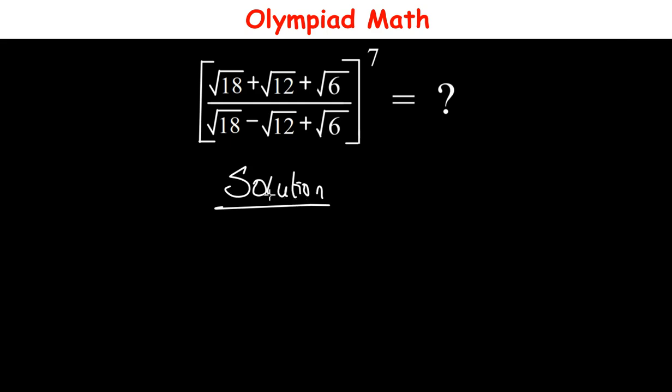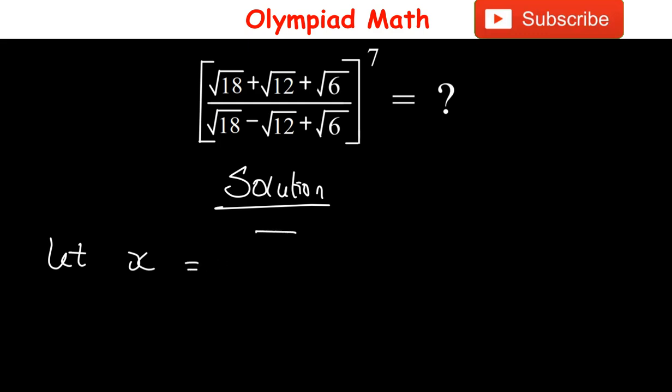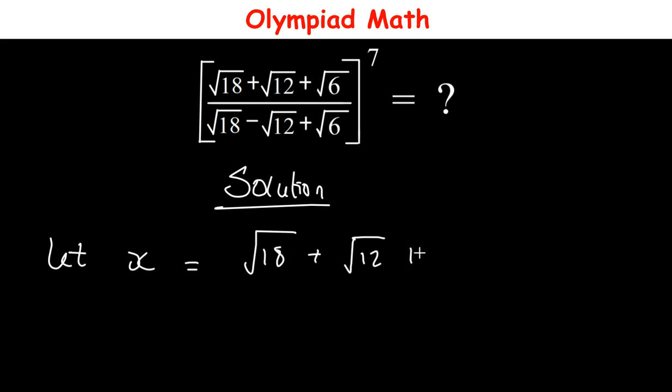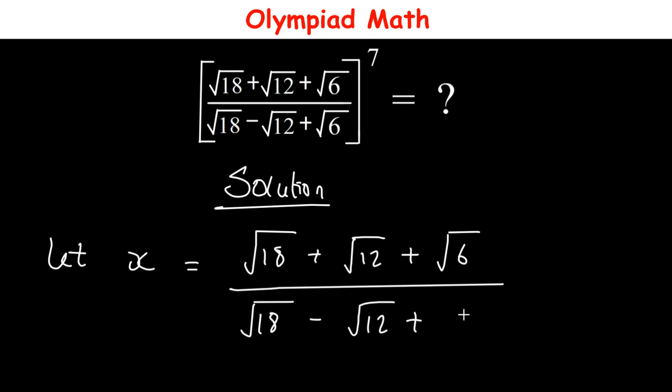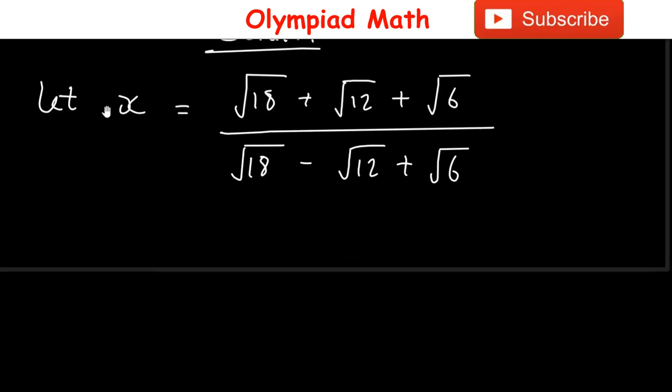solution, we are going to say that let x equal square root of 18 plus square root of 12 plus square root of 6 divided by square root of 18 minus square root of 12 plus square root of 6. So with this, let us then solve for x.